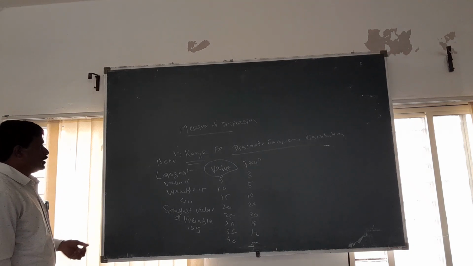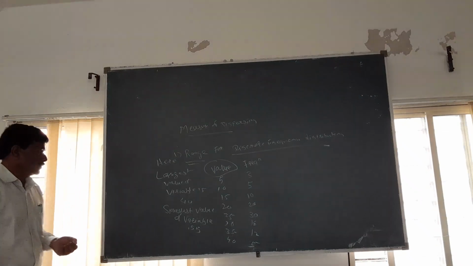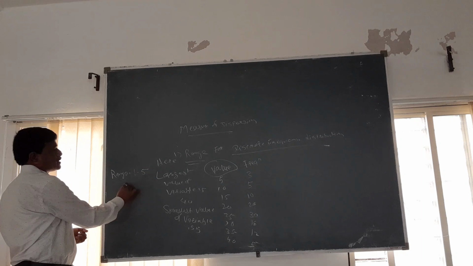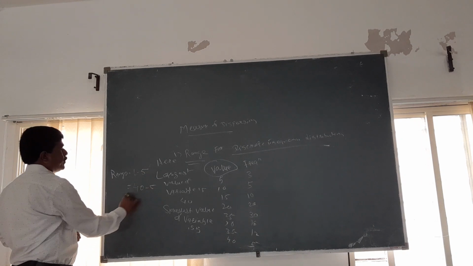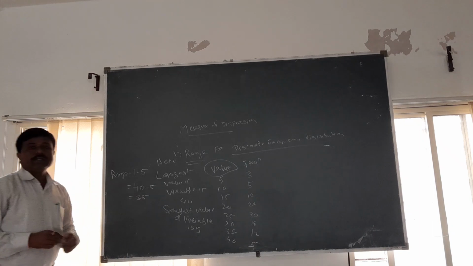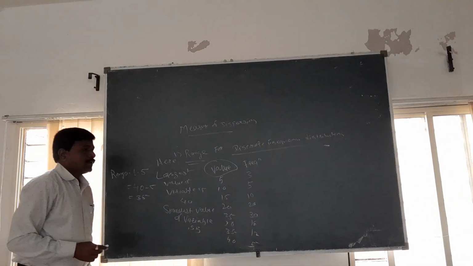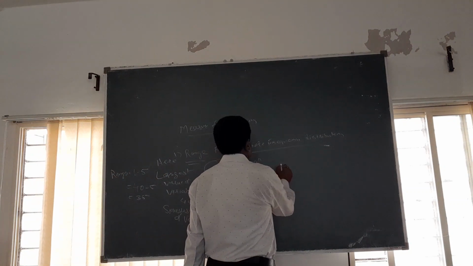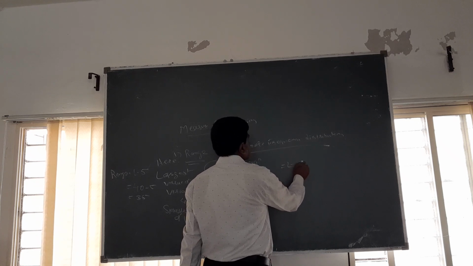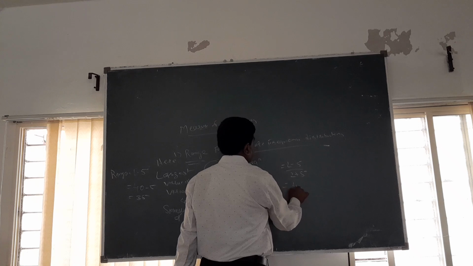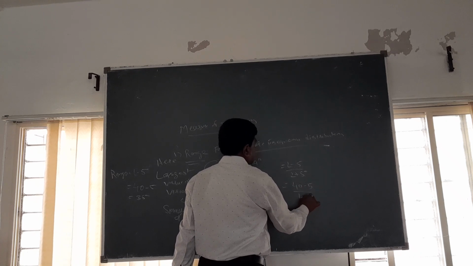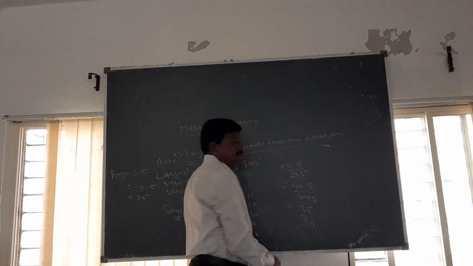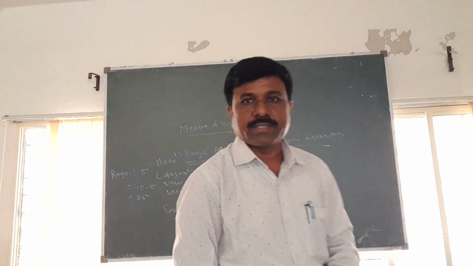The difference between the largest value and smallest value, L minus S, is 40 minus 5, that is the range is 35. The corresponding relative measure, the coefficient of range, is L minus S divided by L plus S, that is 40 minus 5 divided by 40 plus 5, that is 35 divided by 45.